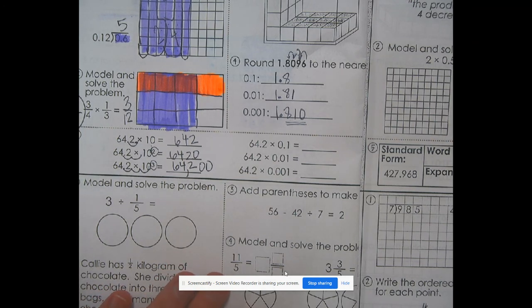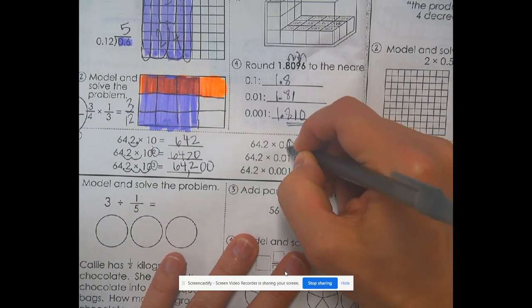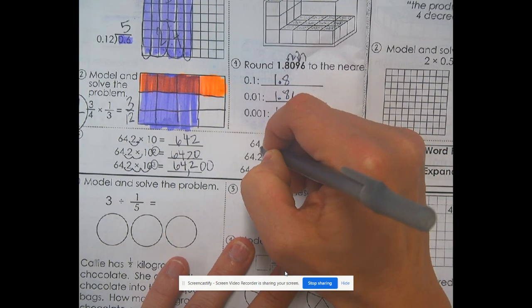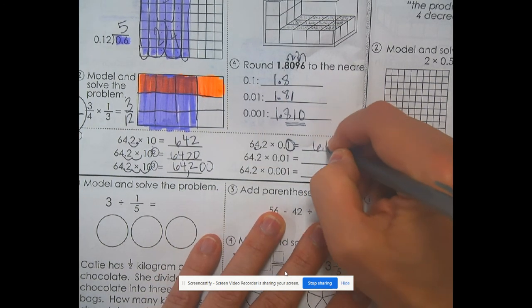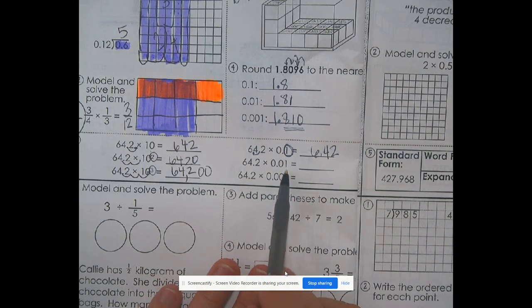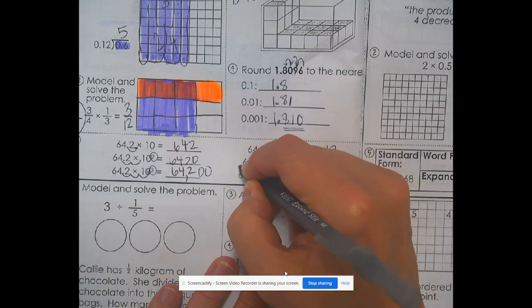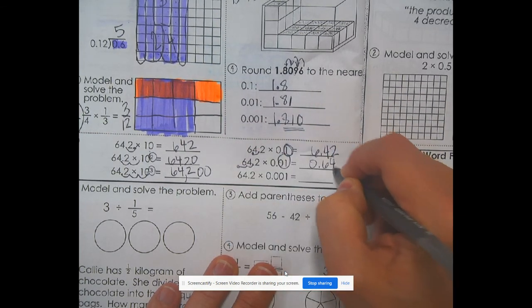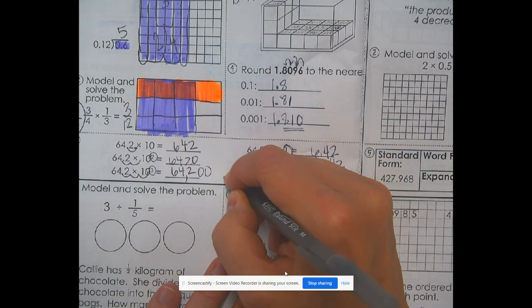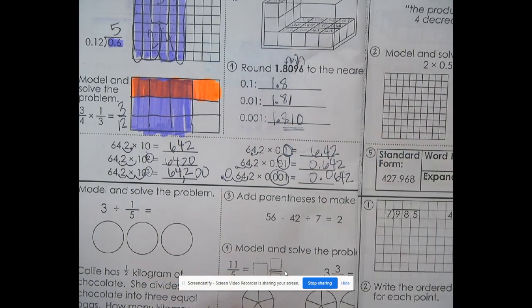How many numbers are behind the decimal? Once. Which way is my decimal going? To the left this time. Yep. Because I'm multiplying by smaller pieces. Okay. How many times? Twice. How many times? 3 times. What goes in that space? A 0.